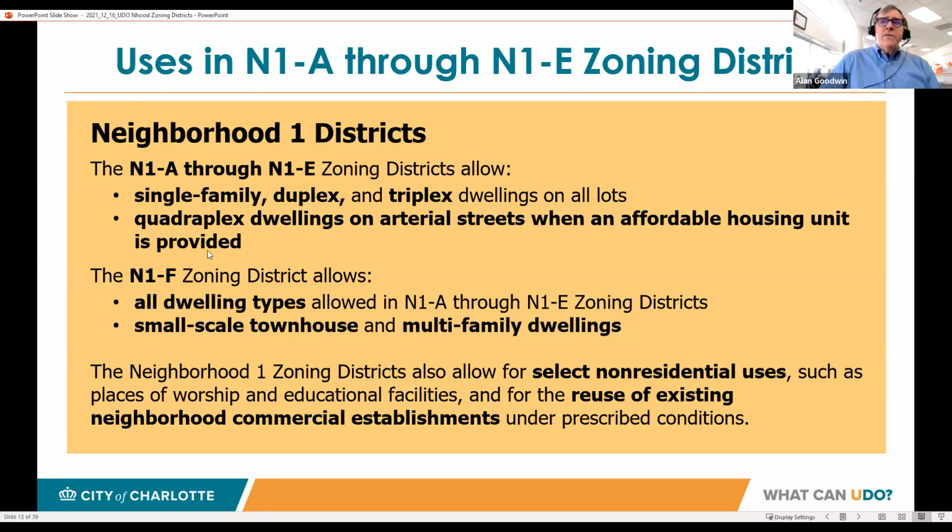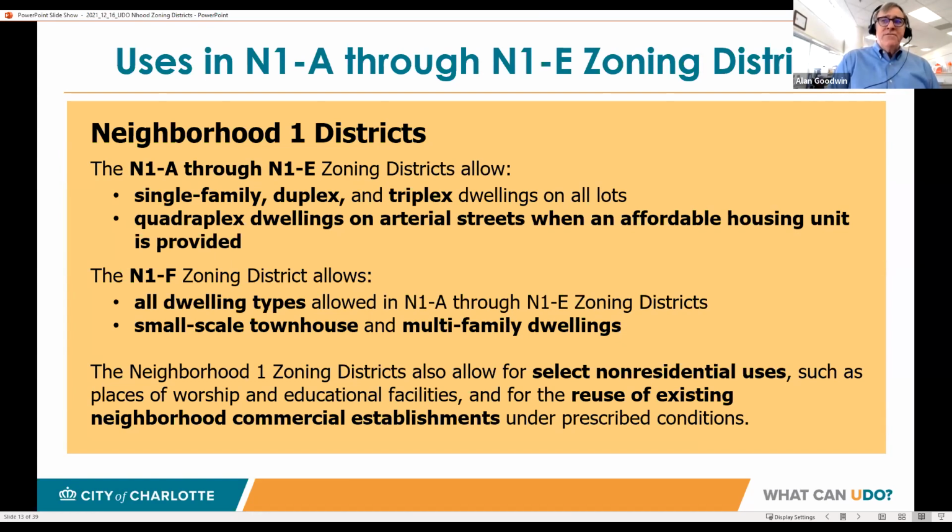The N1A through the N1E zoning districts will allow single family dwellings, duplexes, and triplexes on all lots, and quadruplexes on arterial streets, but only when an affordable housing unit is provided as one of the 4 units in the quadruplex.